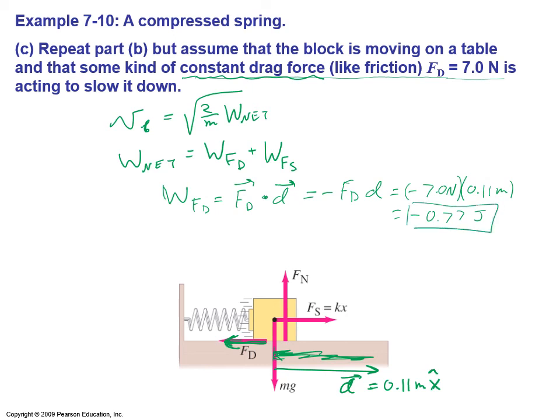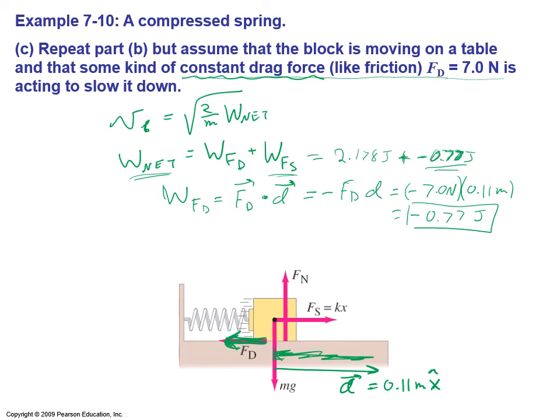The work done by the spring force will be exactly the same. So then my net work will be 2.178 joules for the spring force plus negative 0.77 joules for the drag force. Okay, notice that the net amount of work is going down now because the drag force was doing negative work on it. The amount of work done by the spring is exactly the same. We just have another contribution here.